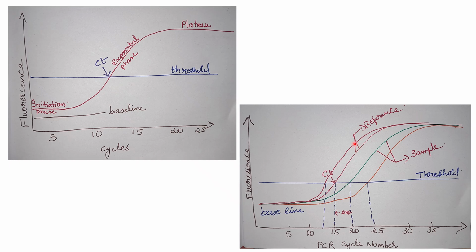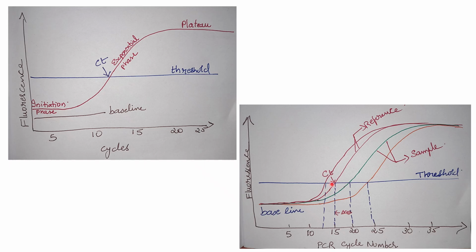Now this standard is also called a reference, a reference value. And whatever standard you are using will be your housekeeping genes. They will always be expressing without much change in the expression level. They show constant expression levels. These housekeeping genes can be actin or tubulin or ubiquitin or anything according to your choice.